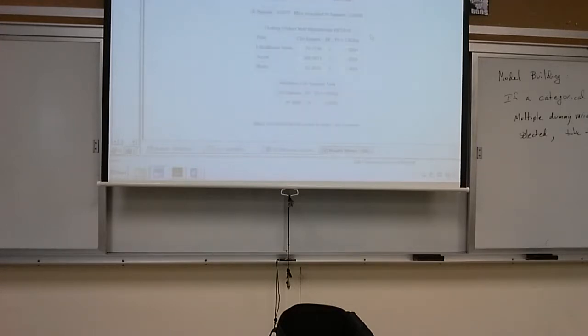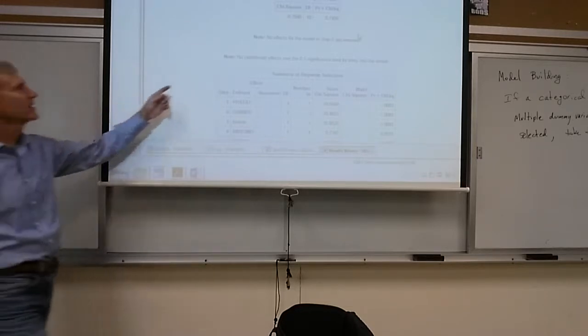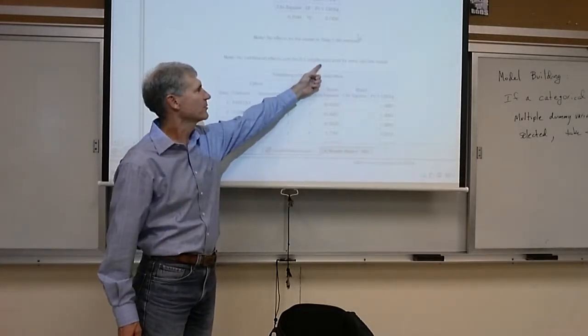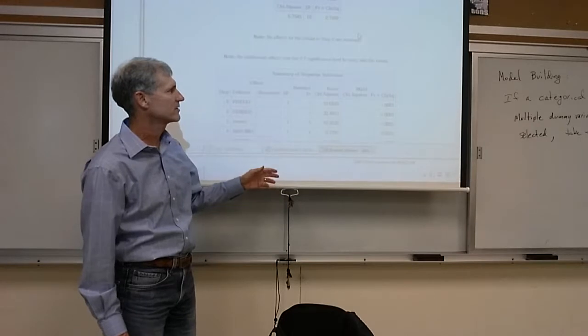So gender's in, and personal health status, and then we add insurance, and then any limit goes in, any limitation to your activities, and then income goes in, no effects are removed, and finally it says no additional effects met the 0.1 significance level for entry into the study.